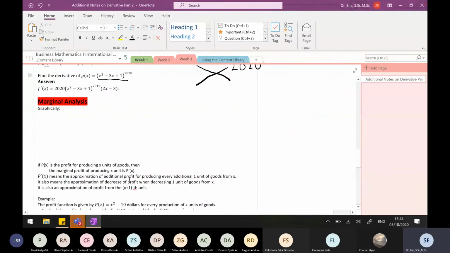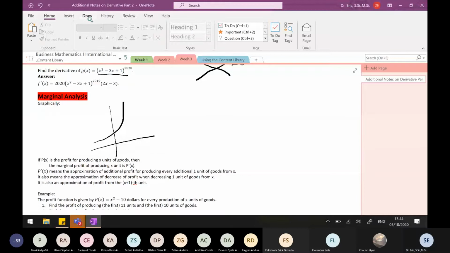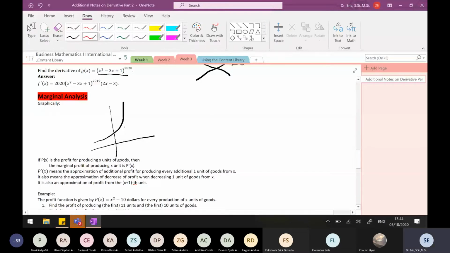Okay, if no question, we are going to continue just a little bit more with marginal analysis and approximation. Graphically, you remember, if I have this kind of cost function, this is C(x), this is x.